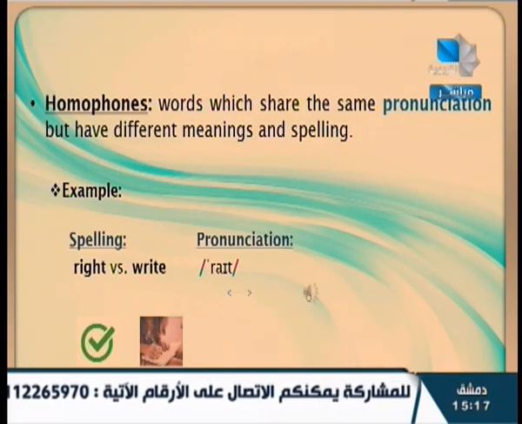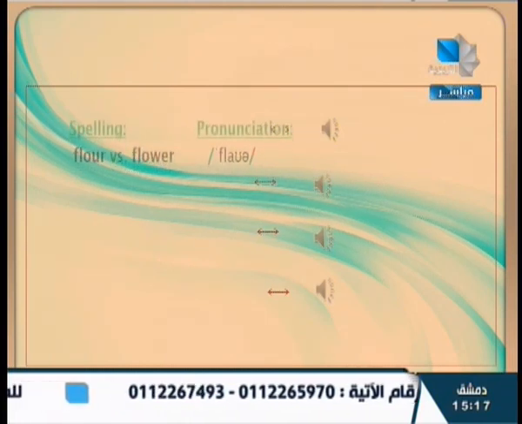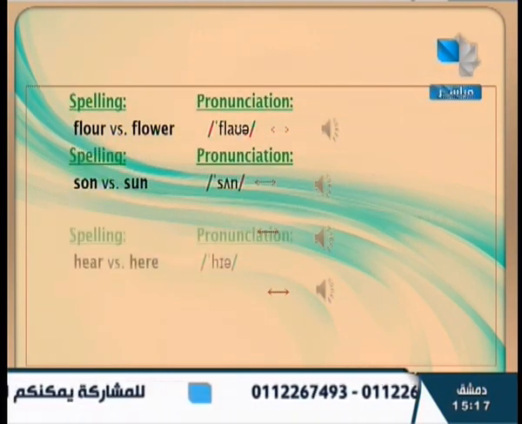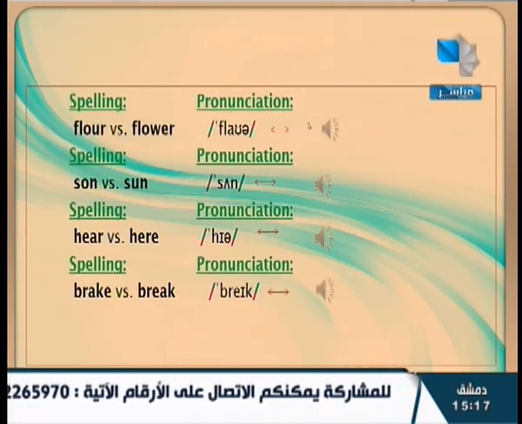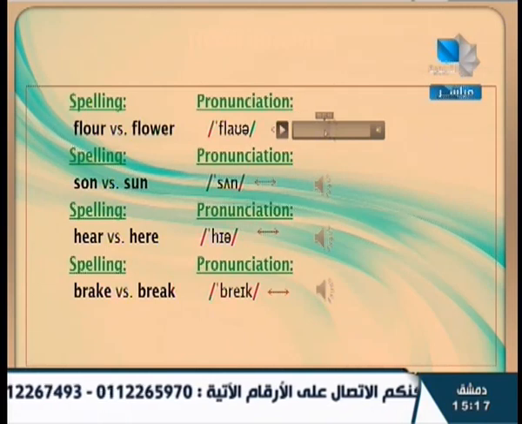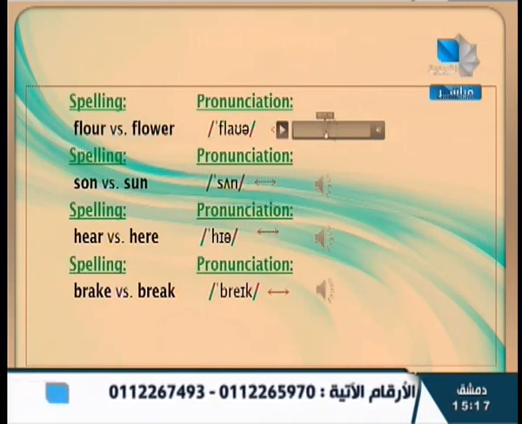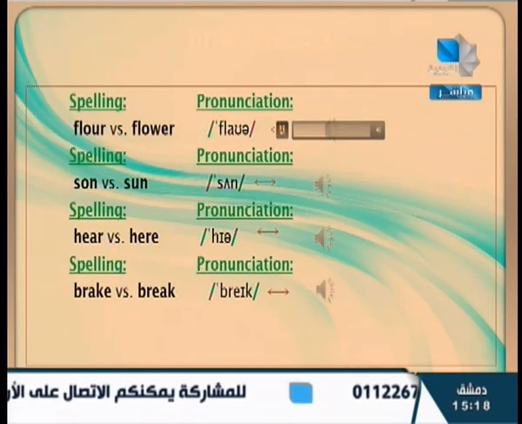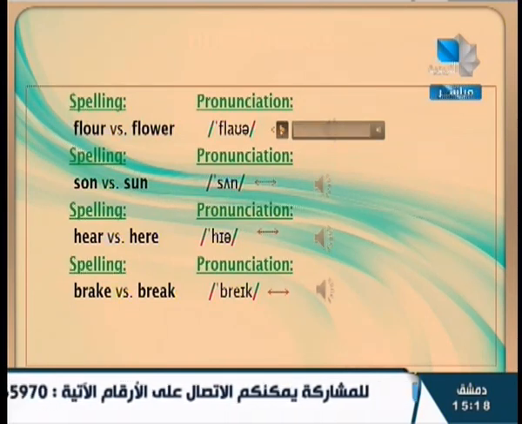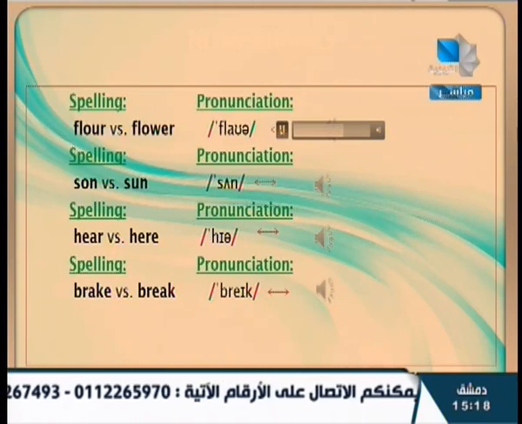Okay. What else? Here we have other examples of homophones. We have flour versus flower. The first one is raw grains ground into powder, and the second one is a plant's bloom. We have also son and sun, the same pronunciation.